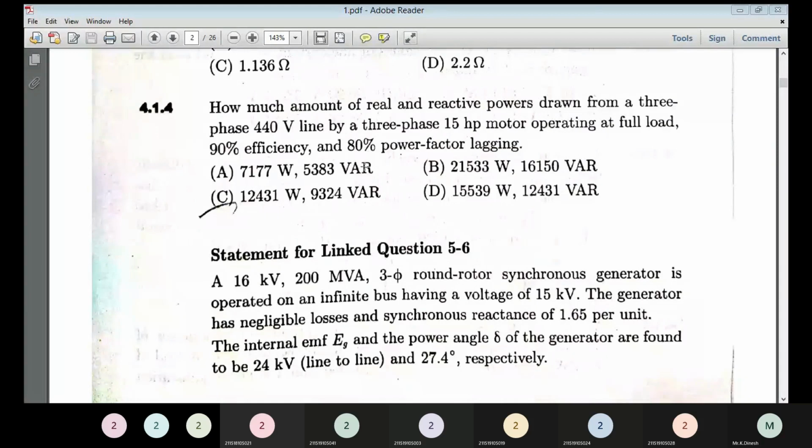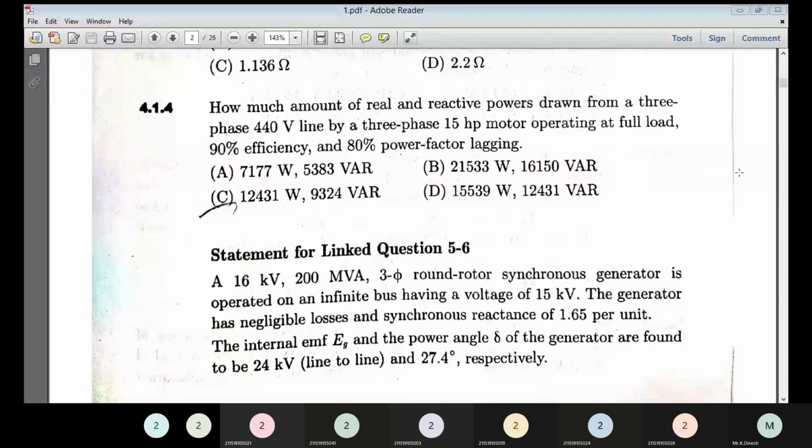So we have to convert the HP into kW. 1 HP equals 746 watts. So my current is 15 into 746 whole divided by root 3 times 440, that is the line voltage, and then the efficiency 0.9 multiplied by the power factor 0.8. First we need to find the current.